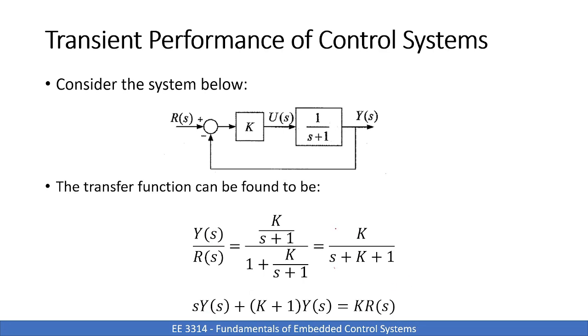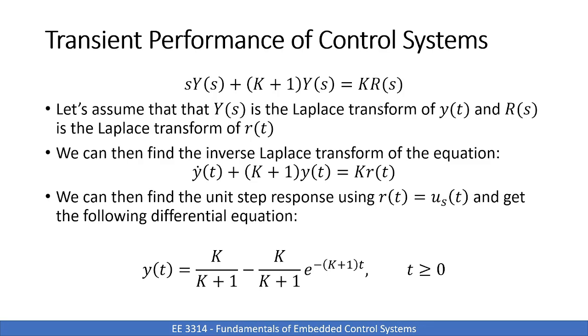We're starting to get an equation here. And we can basically do the inverse Laplace transform, just like we've done before in the units for Laplace. And we can find the time domain response of this system.